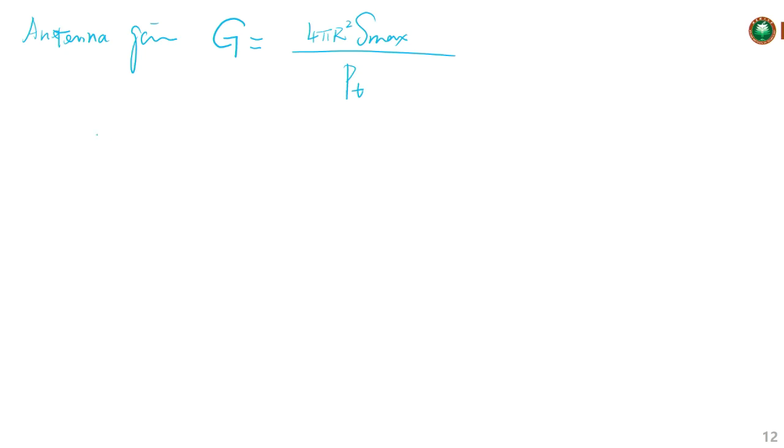As we know, the transmitted power equals the radiated power plus the power loss. So it also has another expression by this equation here, where eta is the antenna efficiency.